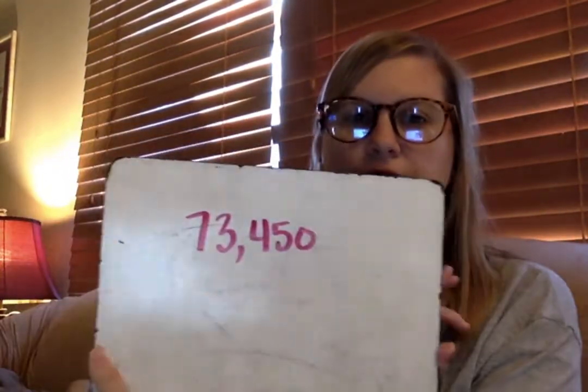All right, so we're going to do Tuesday. Compare the numbers using greater than, less than, or equal to. So I am once again working from home, so I'm going to have to use my whiteboard. So I have 73,450 compared to 73,532.